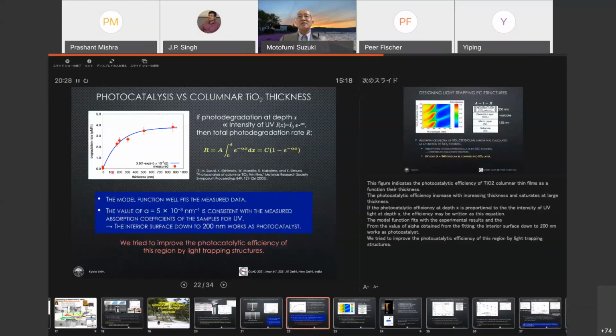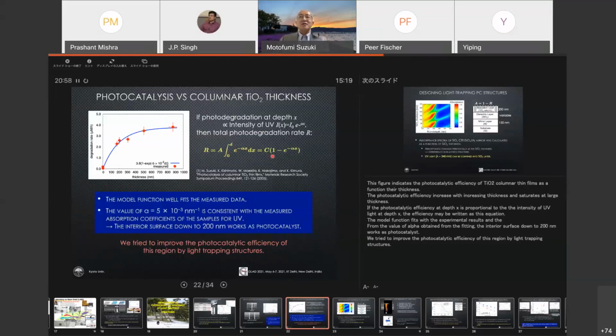This figure indicates the photocatalytic efficiency of TiO2 columnar thin films as a function of the thickness. The photocatalytic efficiency increases with increasing thickness and saturates at large thickness. If the photocatalytic efficiency at depth x is proportional to the intensity of the UV light at depth x, the efficiency may be written in this equation.